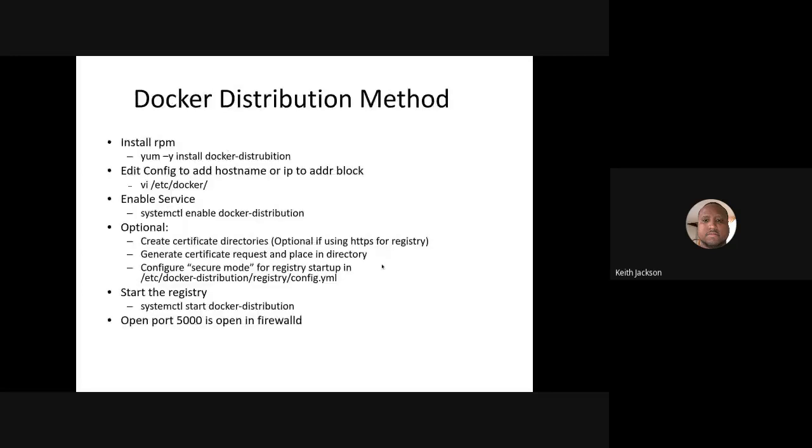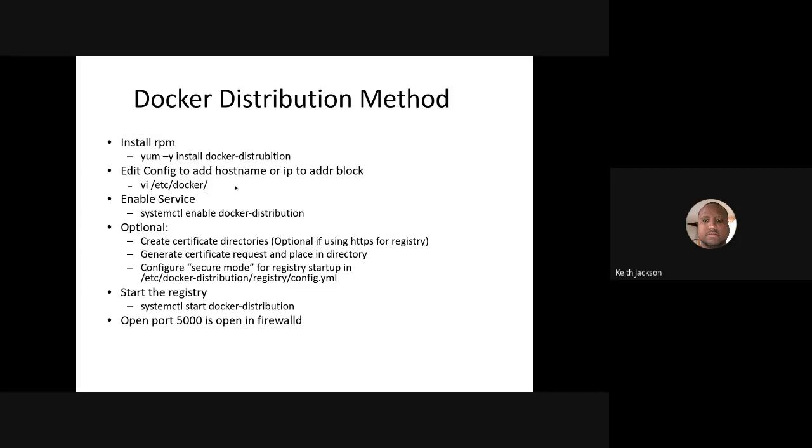So like I said, with the Docker distribution method, all you're doing is installing the RPM. And once you've installed that RPM, you're going to browse down to the config.yaml, which is actually in /etc/docker-distribution/registry/config.yaml, I think is the full path. I'm sorry, I forgot to finish typing that full path in there.